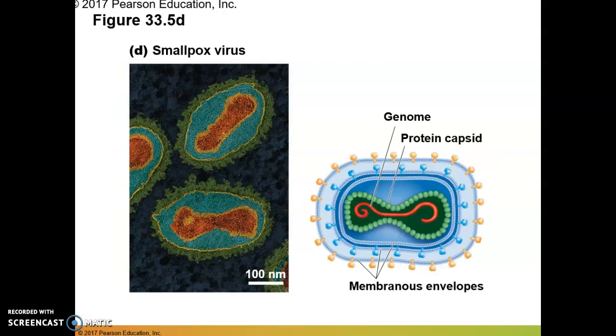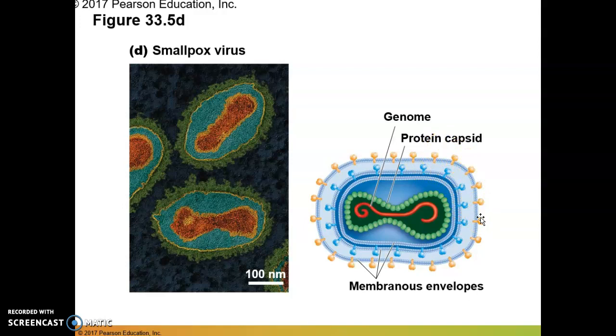We can add another layer of complexity in some viruses, such as smallpox. They not only have the genome, they have the protein capsid, but you can see here that they have a couple of envelopes.